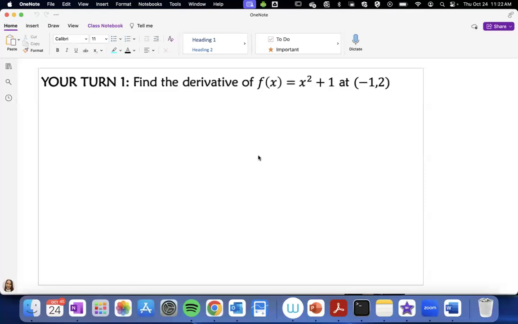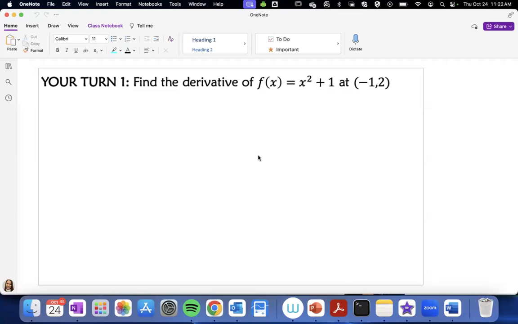How are we doing right here? Any questions? That's prime versus the derivative of the equation. If we want you to find a tangent line at negative 1, 2, what am I finding?